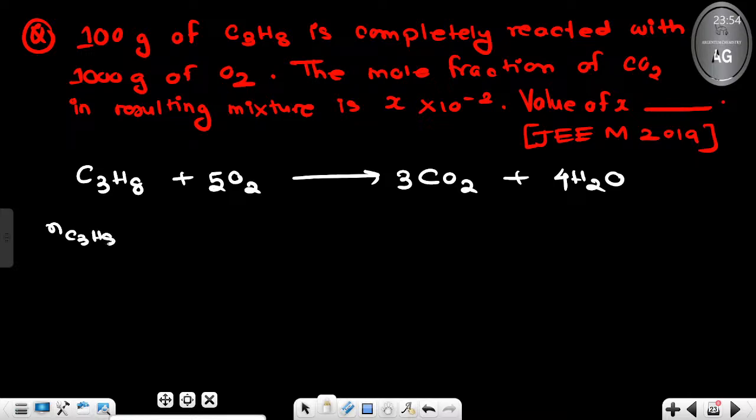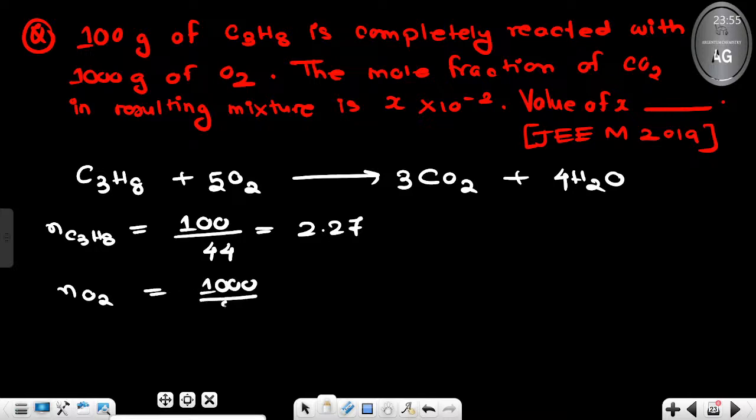It is given 100 gram, and if you calculate the molecular mass, 36 plus 8, it's going to be 44. So this is going to be 2.27. Next, number of moles of oxygen: given 1000 gram divided by 32 is the mass.